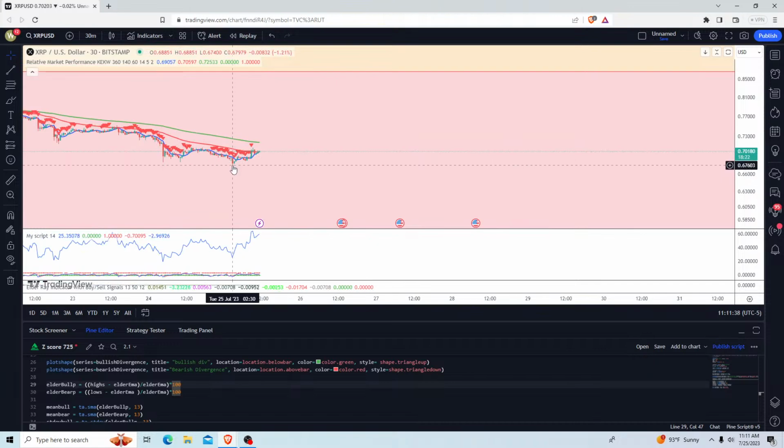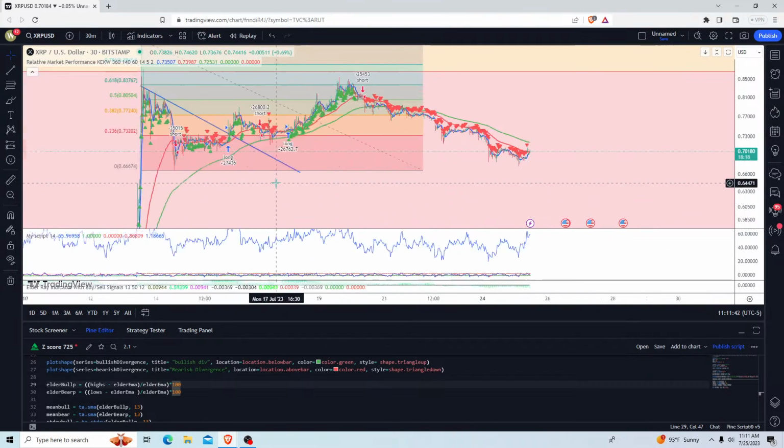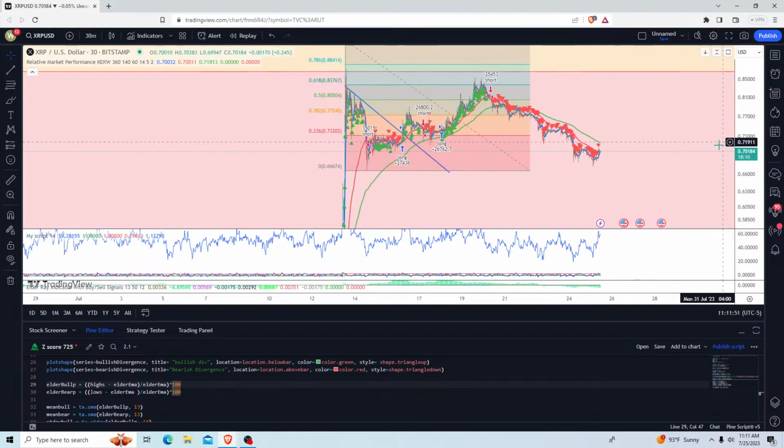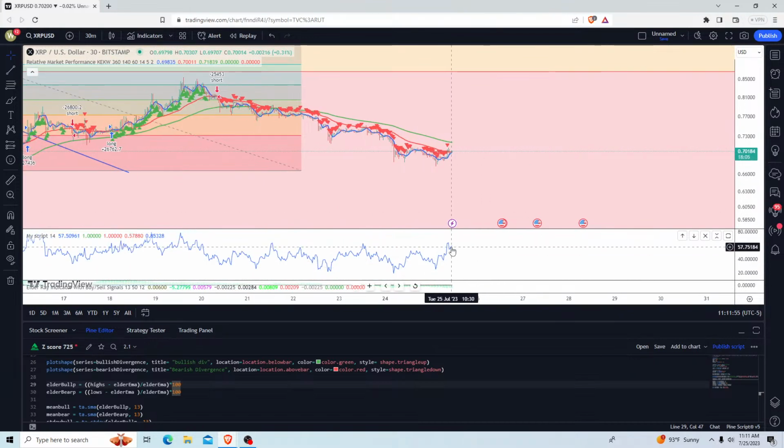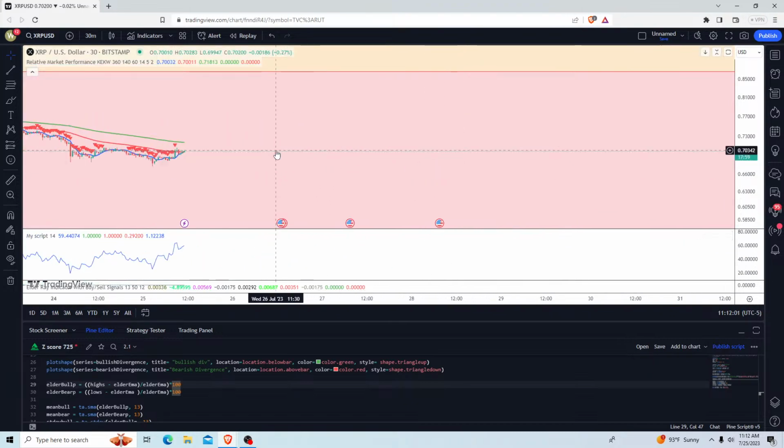And this one, super most definitely. Definitely a divergence. And now it's going up. But not really yet. Not convincingly yet, but it's probably still worth a long.